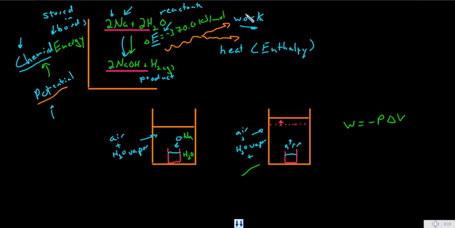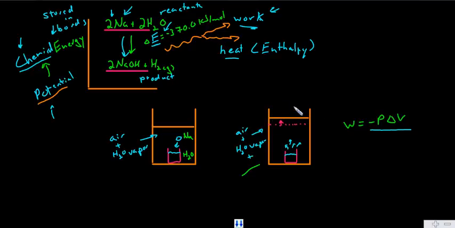So why do we have to discuss work here, and how does that relate to heat? Well, for this specific reaction, energy is released as both heat and work, because work is defined as negative P times the change in V.